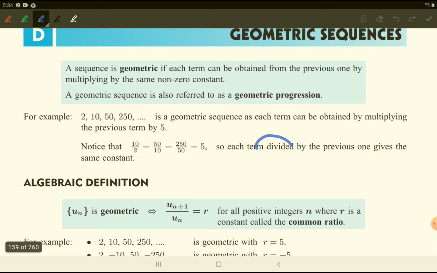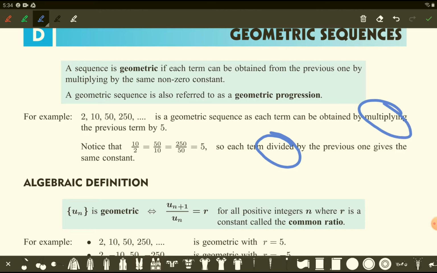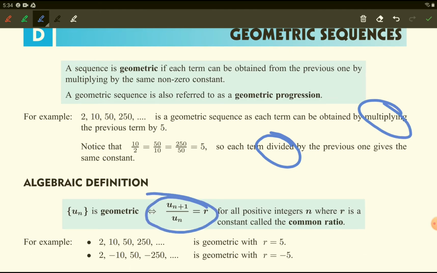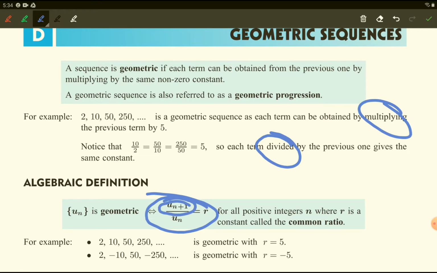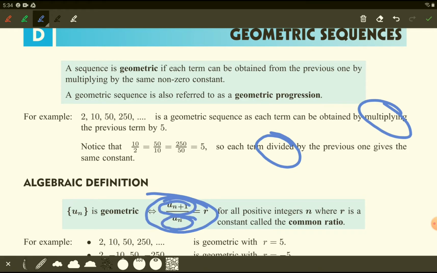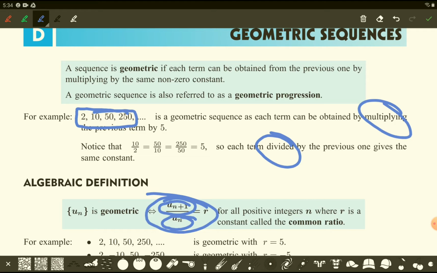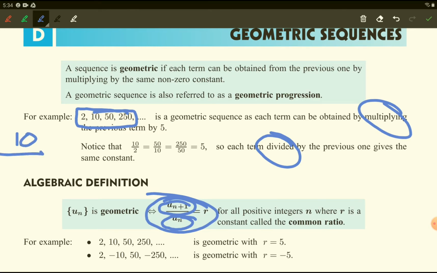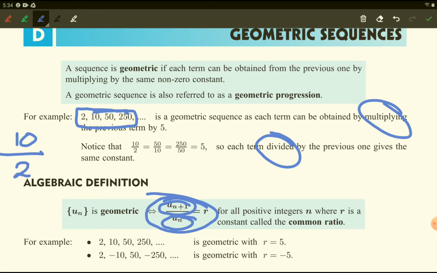Dividing or multiplying, like we said. This is just how to find the common ratio. You just divide the one term by the term before it. So say you have this sequence, if you can't automatically tell what they're multiplying by, you can just divide any number by the number that came before it.